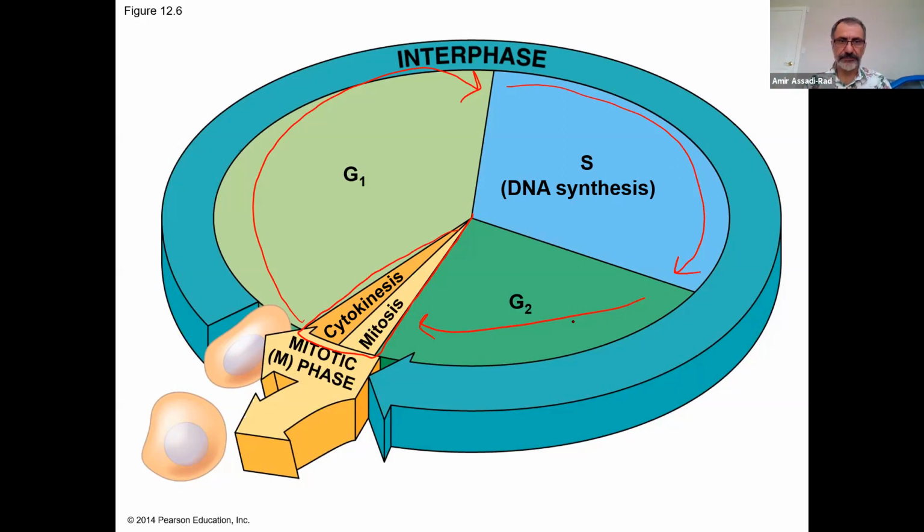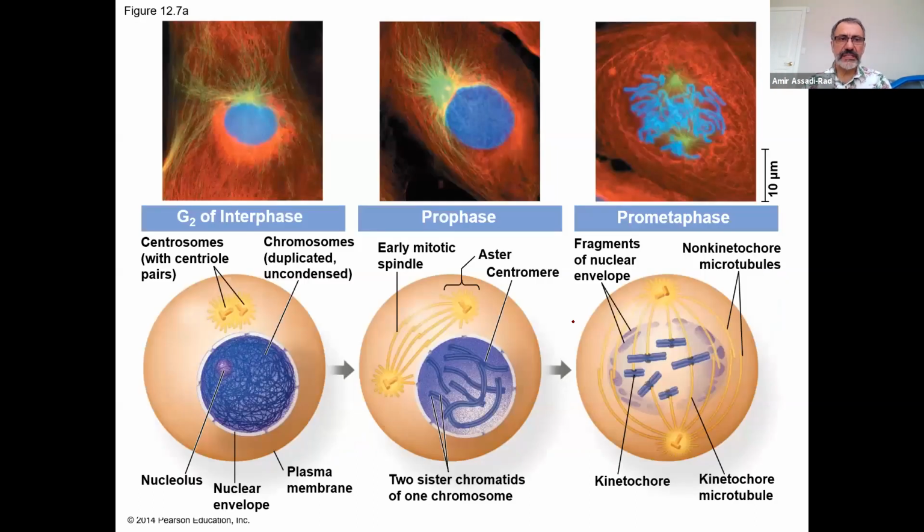Here are the stages: G2 of interphase, prophase, and prometaphase. I'm not too crazy about prometaphase. These are centrosomes, not centrioles. Do not confuse them with centrioles, right here. These are centrioles, remember, we talked about them.